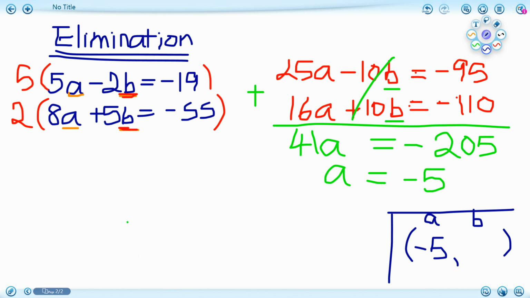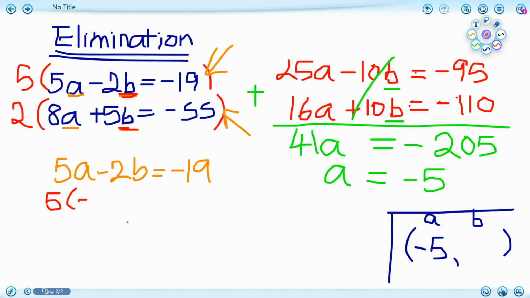Now once I find a, I'm going to go ahead and pick one of these equations. I don't know which one. I think I'm going to work with the top one because the numbers are generally smaller on that one. So I have 5a minus 2b is equal to negative 19. I'm going to plug in negative 5 for a. So we have 5 times negative 5 minus 2b is equal to negative 19.